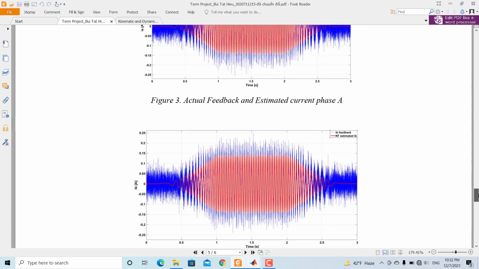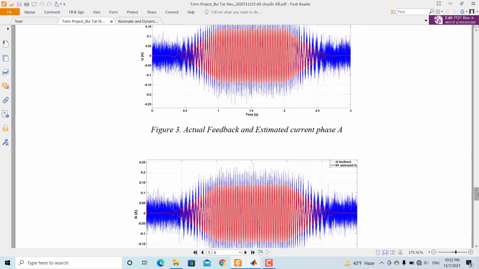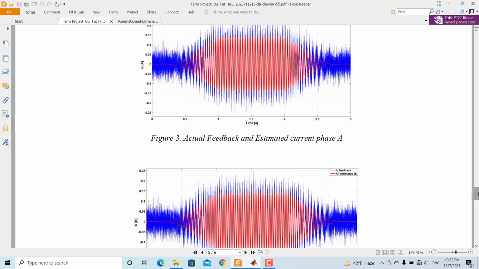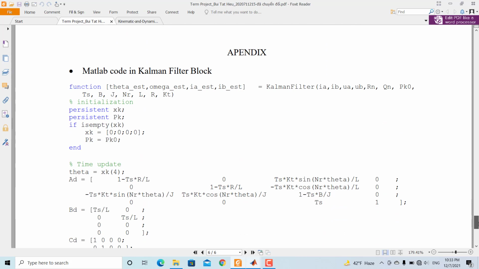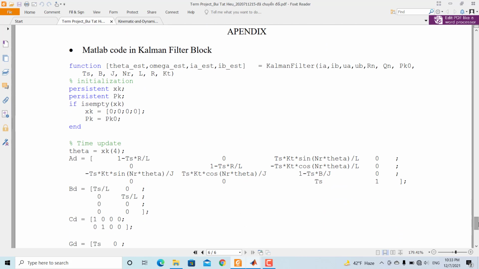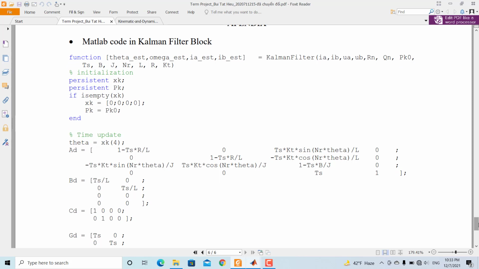Figure 3 and figure 4 show the actuator feedback and estimated current of phase A and B. The blue regions show the noise of current phase A and B, and the red line shows the noise is reduced by the Kalman filter. And here is the MATLAB code for the Kalman filter. I also added it in the Google Drive.